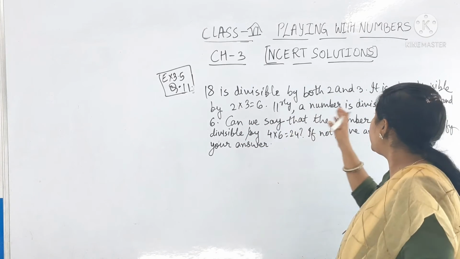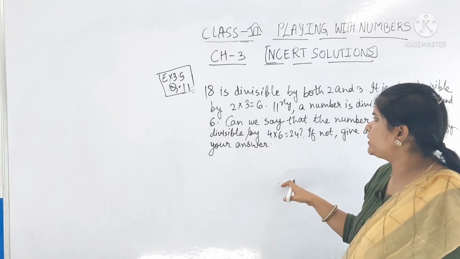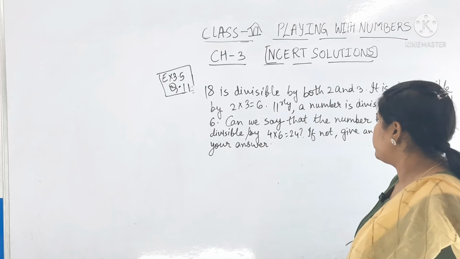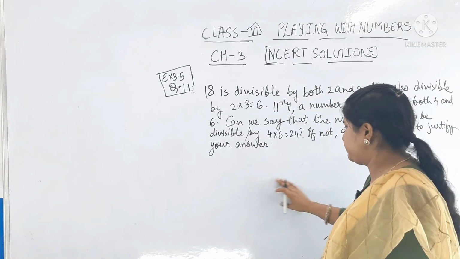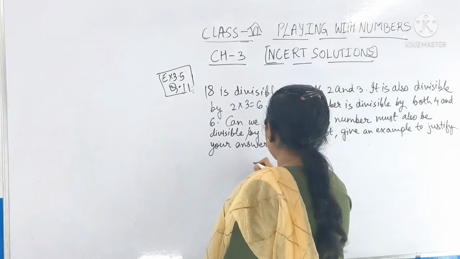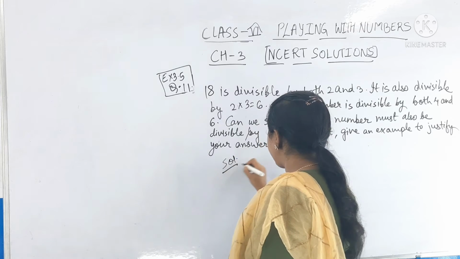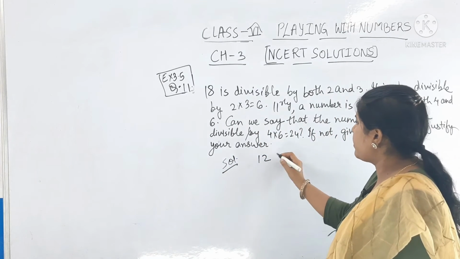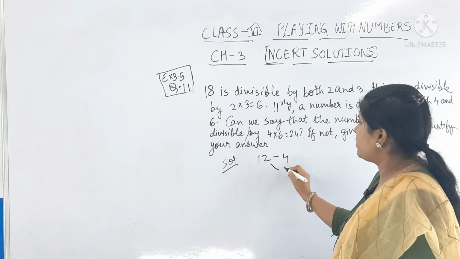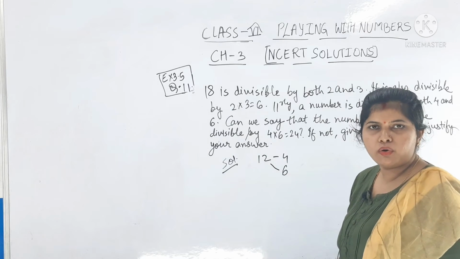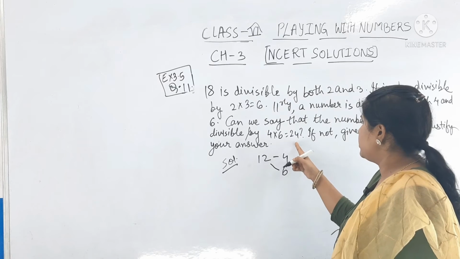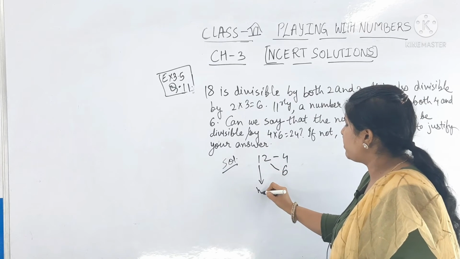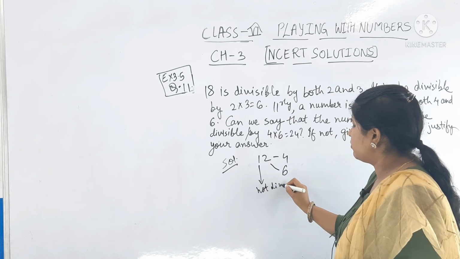Similarly, if a number is divisible by both 4 and 6, can we say that it is divisible by 24? So here you have to see it. Let me take one example, 12. So 12 is divisible by 4 and divisible by 6 also, but it is not divisible by 24.